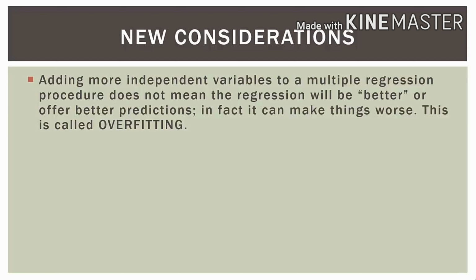We'll talk about that more as we go, but I just want to float it out there that dumping more variables into a multiple regression procedure is not the way to go. The idea is to pick the best variables for the model. We'll talk about how to do that in future videos.